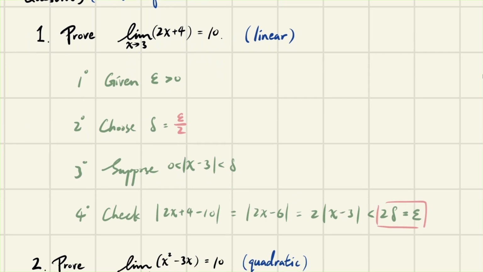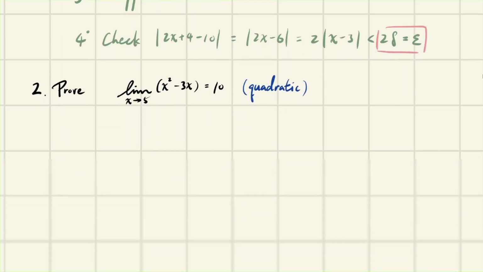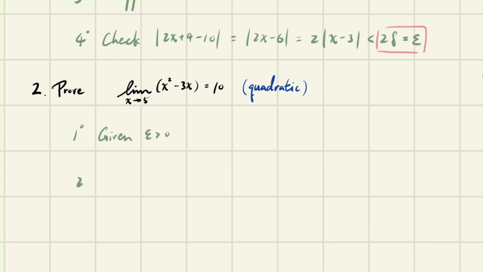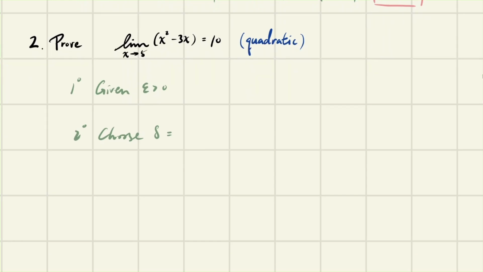And next, we have a question on a quadratic function. Same approach. Firstly, given an epsilon greater than 0, choose a delta equal to, we don't know what, so we leave it blank first.